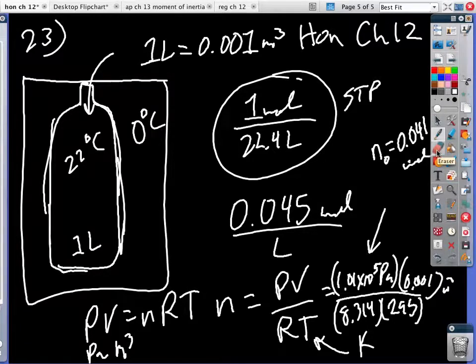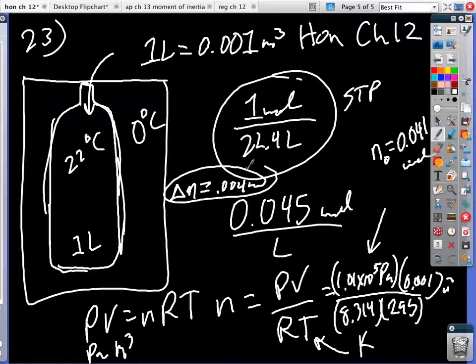So then the answer, the delta n, is 0.004. That's what I said, 0.004. Oh, yes, you're correct. I saw for the initial one I got 0.041. You mean the initial moles? Yeah. Are all your numbers the same as mine? Yeah.